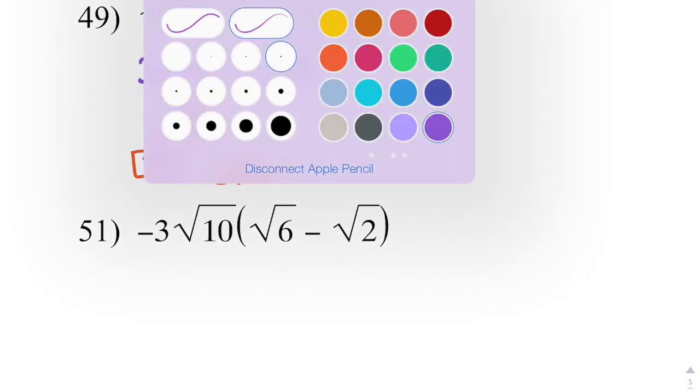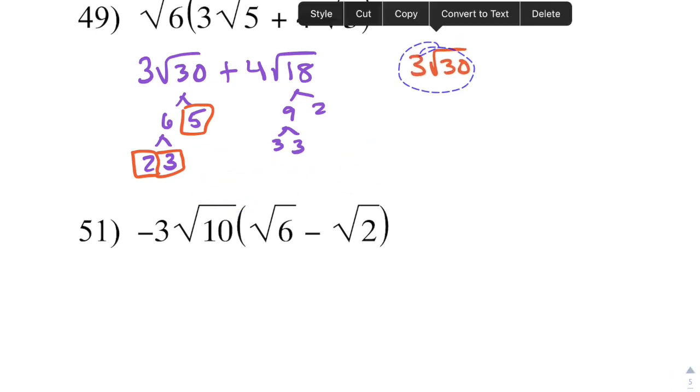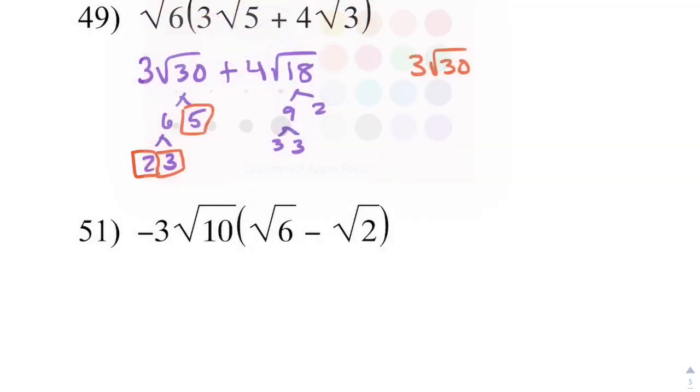And 18 is going to simplify. We're going to get 9 times 2 and then 3 times 3. So we will get the 3's. So we get 4 times 3 square root of 2.